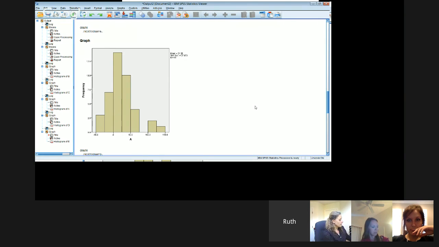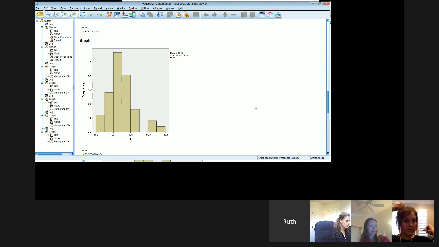So it looks like it's skewed to the left. It looks like it has a spread of what? Is that 200? So it's like -50 all the way up to 150? Right, yeah.